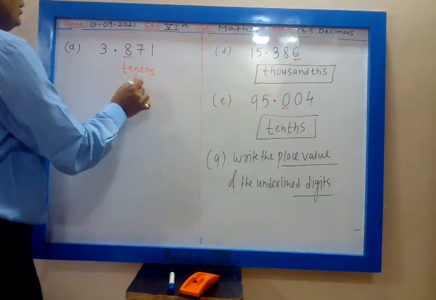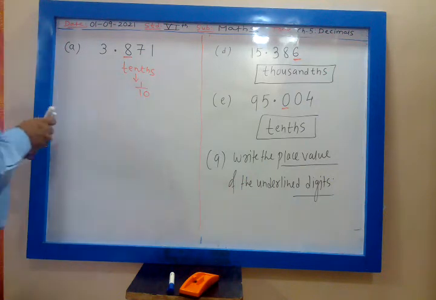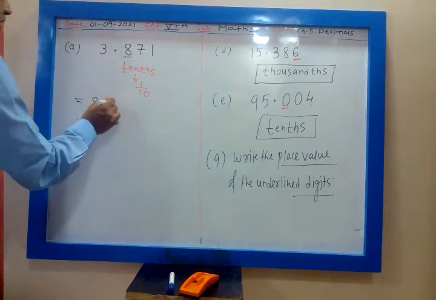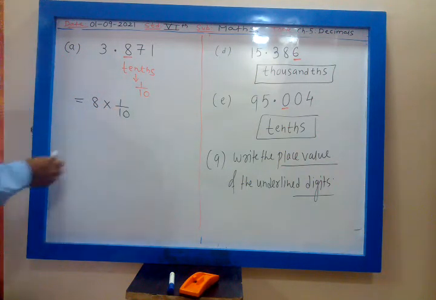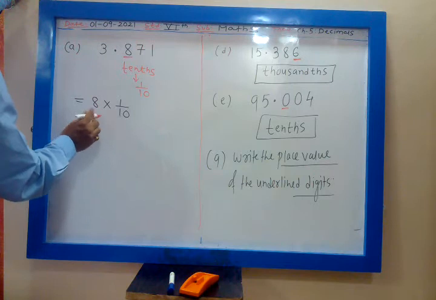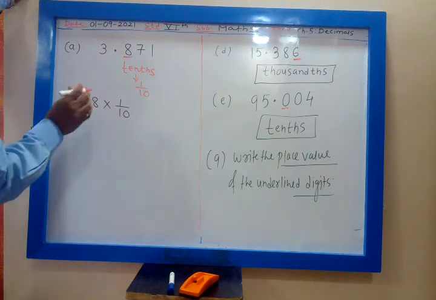Tenths means 1 upon 10, no? So for place value, I will multiply 8 by 1 upon 10. 8 into 1 upon 10. So you will read this as, not 80.